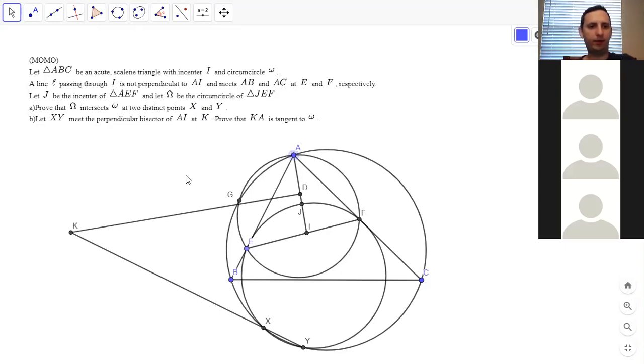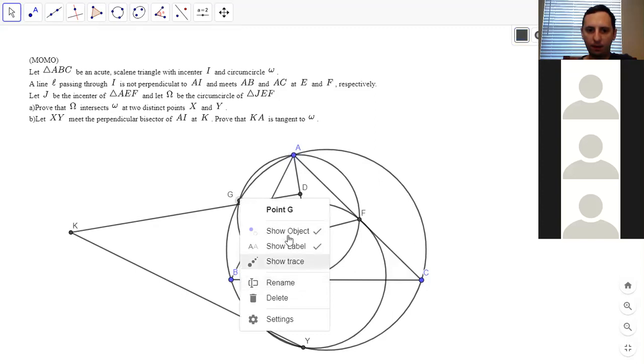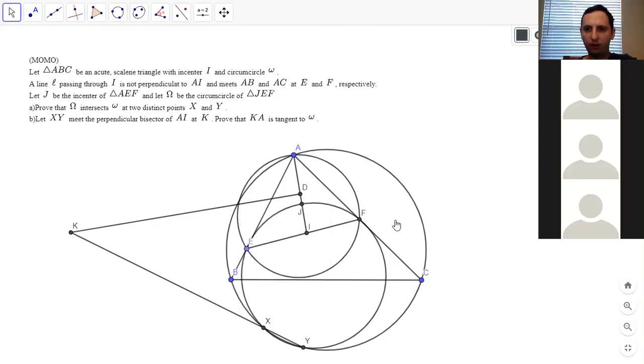But is it obvious even that the two circles always intersect? Can you also hide G for now? Yeah, I can hide G. So Hakan said if the line was perpendicular to AI, then the circle would be the mixtilinear incircle. Hakan also says AG, EF, and XY concur.